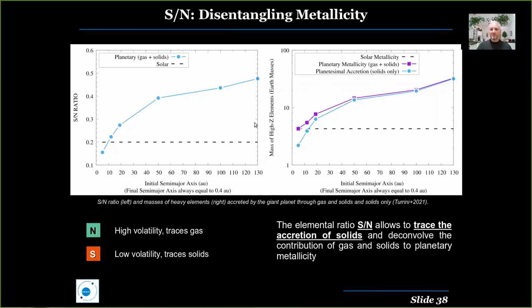Therefore, the use of this elemental ratio as an additional color in our picture allows us to further discriminate between the 2 regimes, whether the metallicity is mostly dominated by the accretion of solids or is contributed both by gas and solids.